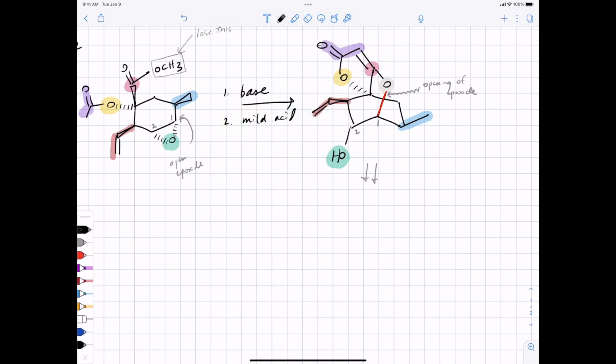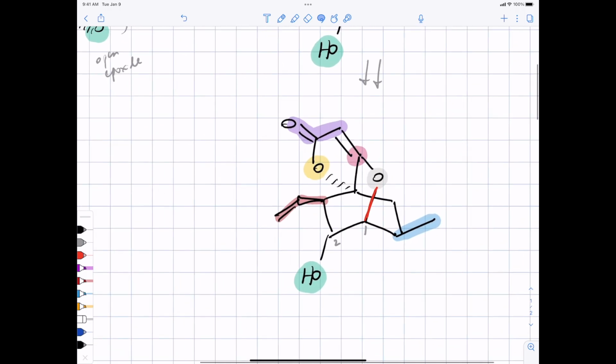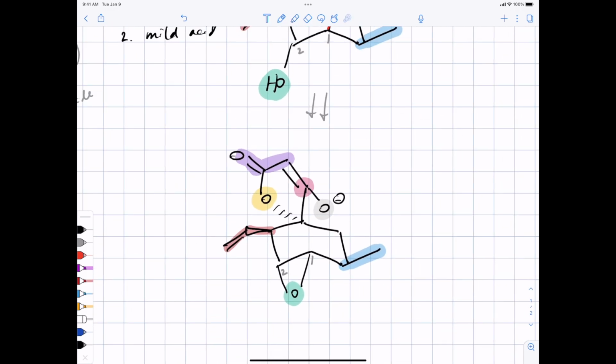So we can just copy this. And in red is the bond that I would have made from epoxide opening. So that means this would have been the nucleophile, and then the epoxide from our perspective is going to be here. Does that look good? Okay, tell me about this.